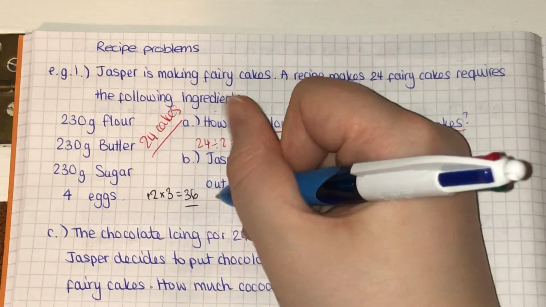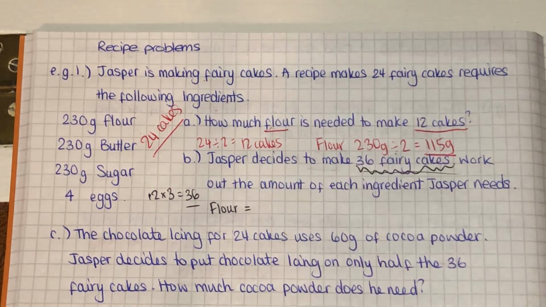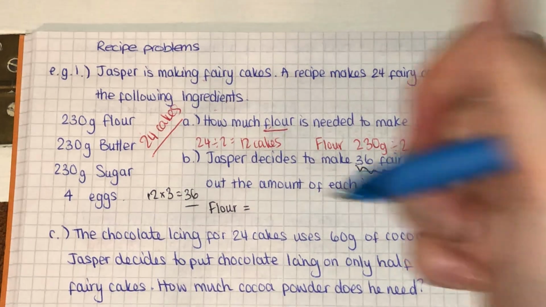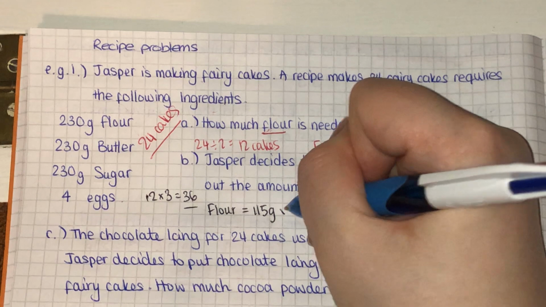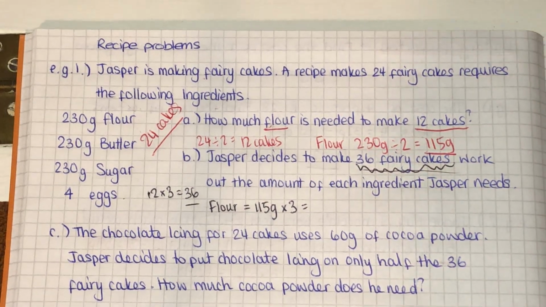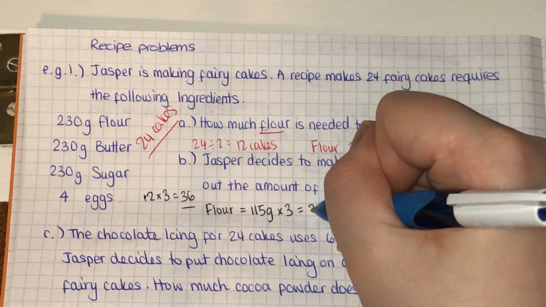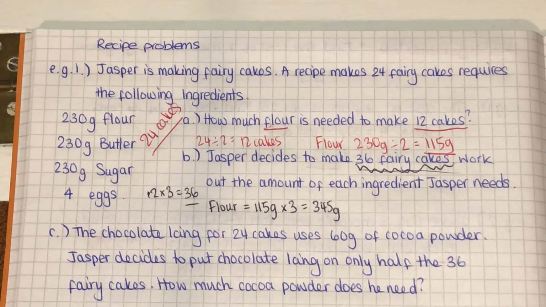Okay, so we can do the flour one straight away. Flour. So for the 12, it was 115. So if we multiply that answer by 3, that will tell us how many grams we need for the 36. So it's going to be 345 grams. Now they've been quite nice.